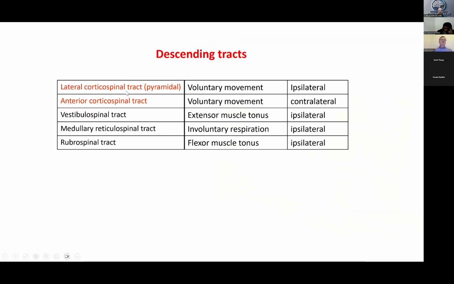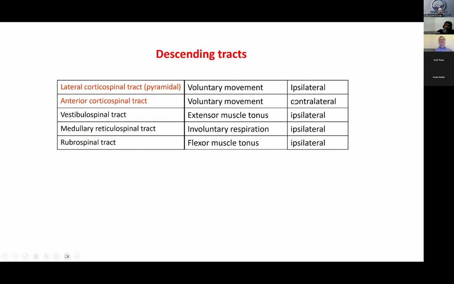As you know, there are two corticospinal tracts. One of them is the lateral, the other one is the anterior corticospinal tract. If they are affected, voluntary movement on the ipsilateral side, mostly for the lateral corticospinal tract, is affected, but the anterior corticospinal tract is not crossed to the other side.